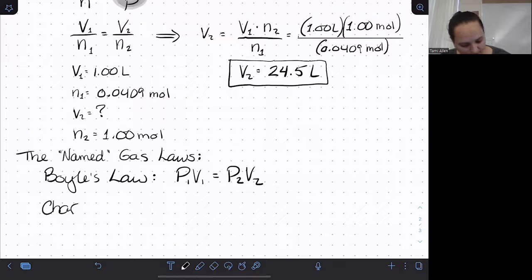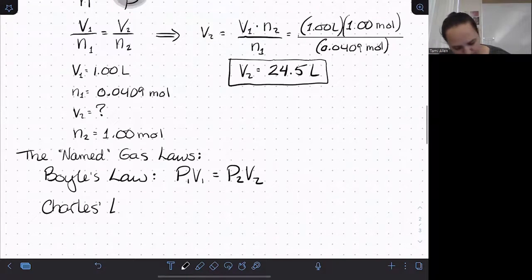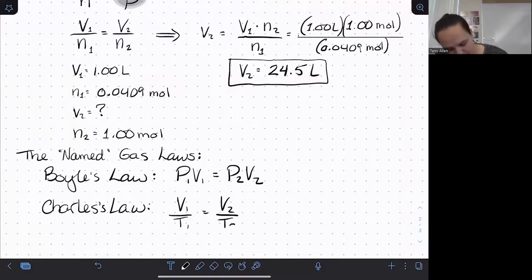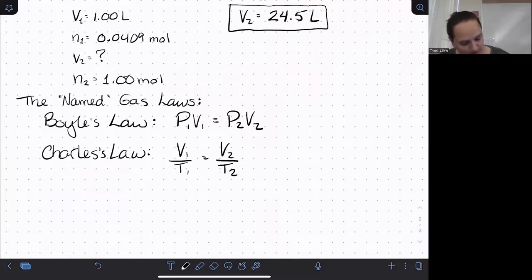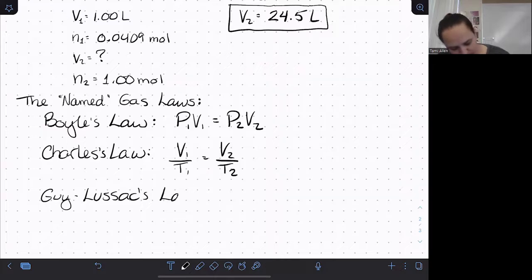There's Charles' law, which is the relationship between volume and temperature. V1 over T1 equals V2 over T2. There is Gay-Lussac's law, which is pressure and temperature. P1 over T1 equals P2 over T2.